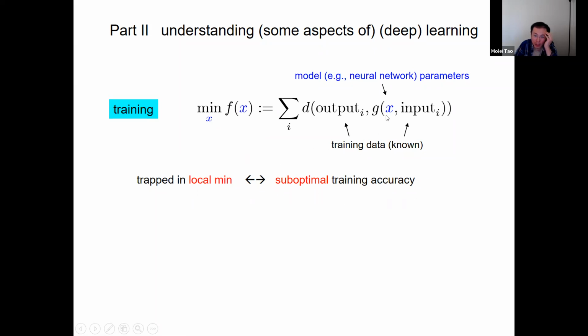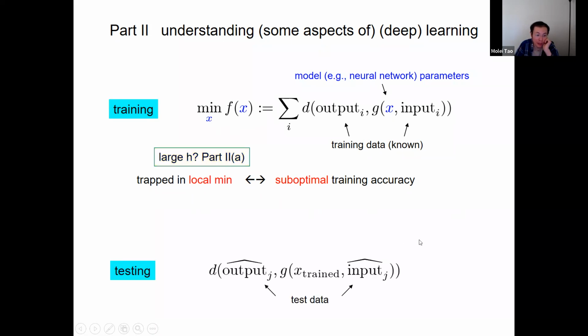There are actually better X values that can make the match better, but you cannot find them because of the limitations of the optimization algorithm. What I'm trying to say is that if you use a large learning rate in gradient descent, then you can actually escape from a local minimum. And that's going to be what I'll talk about in part 2a.